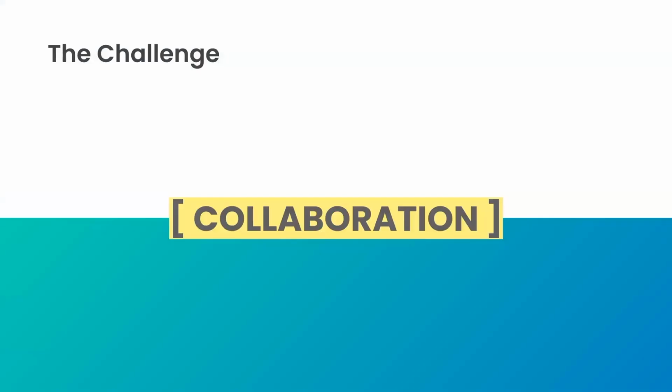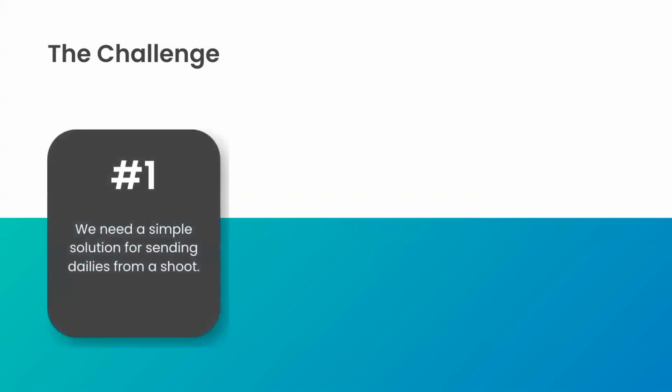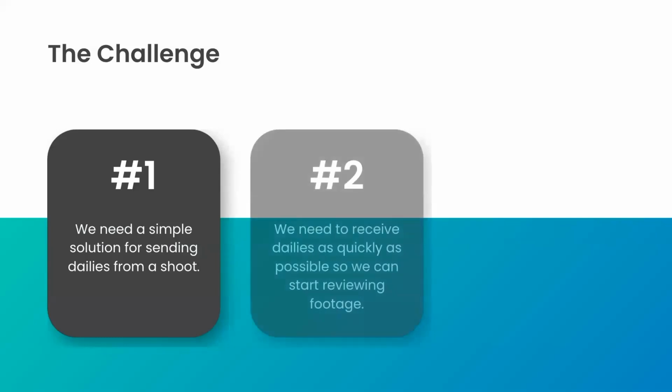So typically, a production workflow is collaborative, and sending files is only one side of the story. So let's break it down a little bit. We can be on the sending side of a file transfer, like sending dailies from a shoot, and our objective is to minimize mistakes and turnaround time. Or we can be on the receiving side of a file transfer.